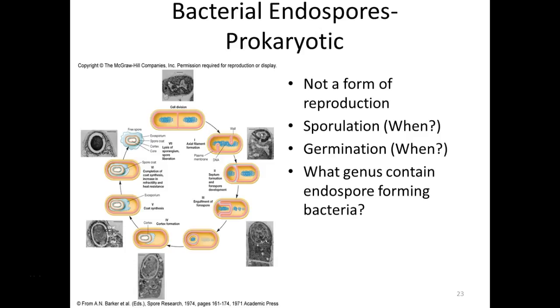Then when conditions become good again, it turns back into the original cell it once was. And that process is called germination. Since it forms within the cell, that's why it's called an endospore. Eventually the cell itself will usually deteriorate, and therefore you have the spore all by itself, what we call a free spore.